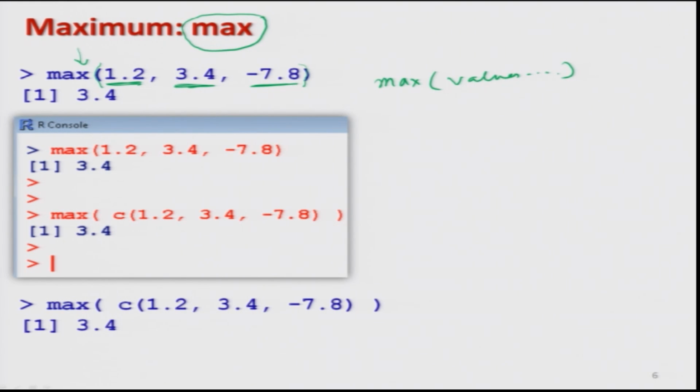And when I operate it, you can see here out of 1.2, 3.4 and minus 7.8, 3.4 is the value which is maximum among all the 3 given values. So the answer comes out to be 3.4.